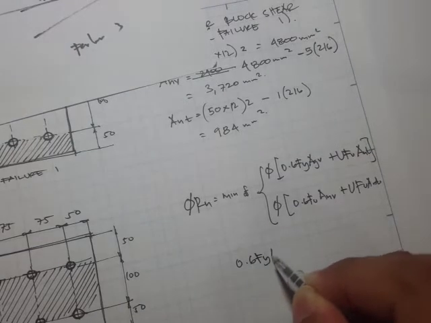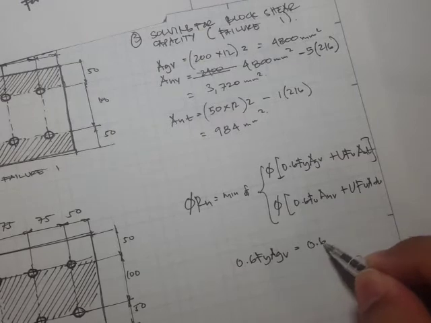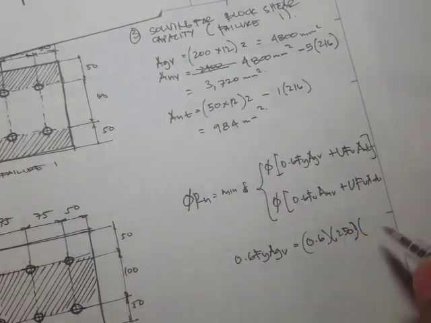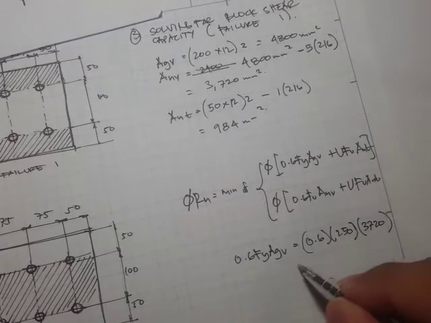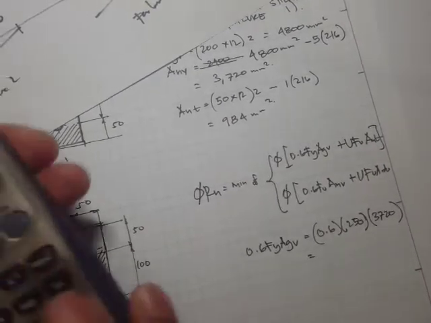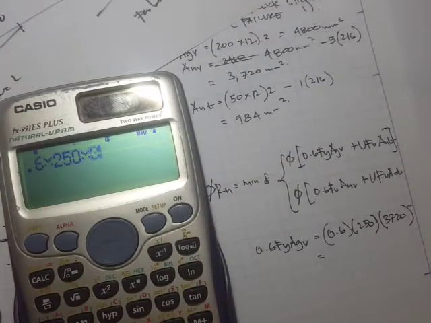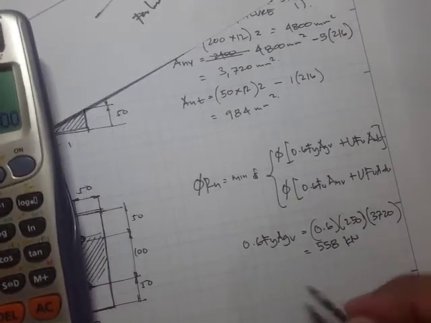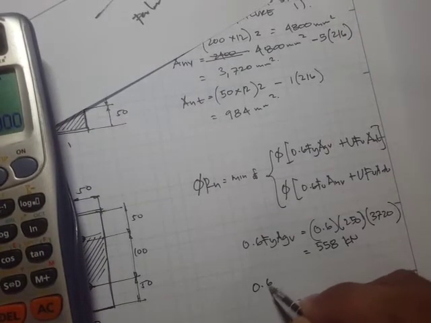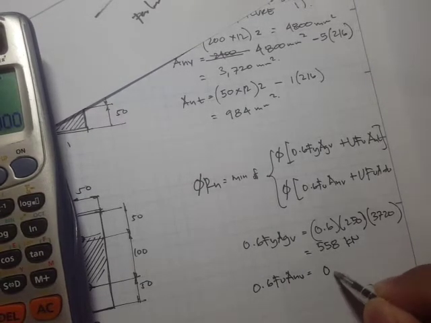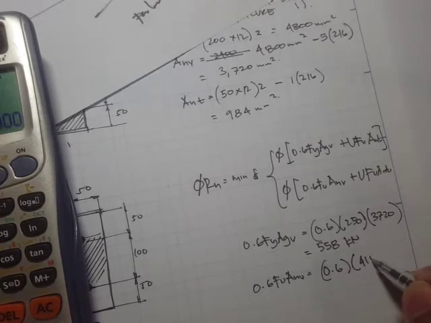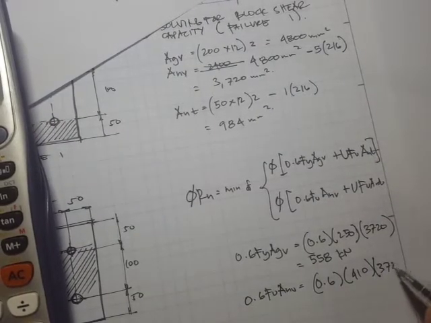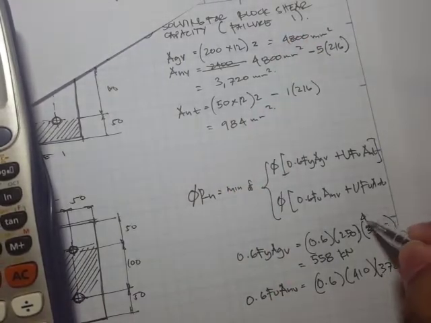So 0.6 Fy AGV, that's going to be 0.6 times the Fy, which is 250 megapascals, times the gross area. Oops, sorry, this one should be 4,800.